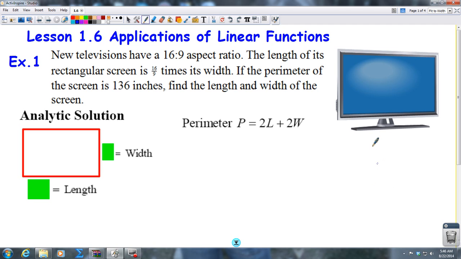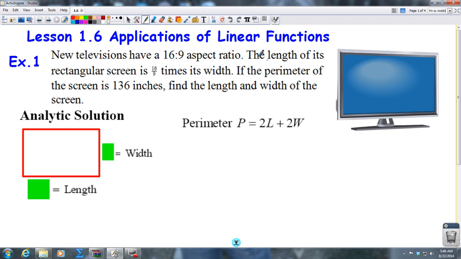Okay, so one more time, the 16:9 aspect ratio, that means the length of its rectangular screen is 16/9 times its width. If we knew the width, this problem would be pretty easy, because all I'd have to do is multiply it by 16/9, and that would give me the length.